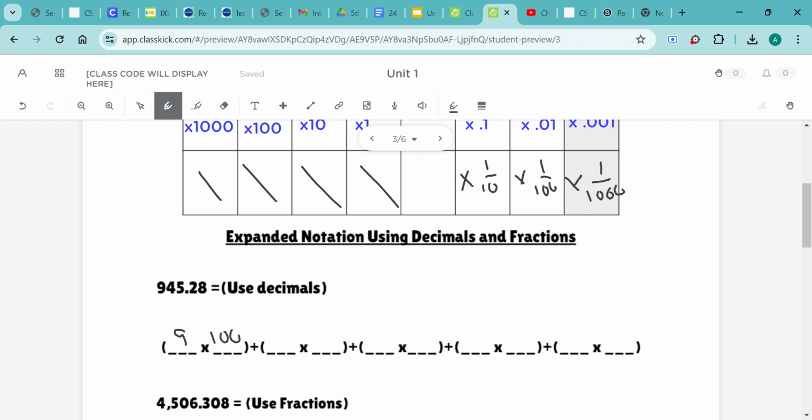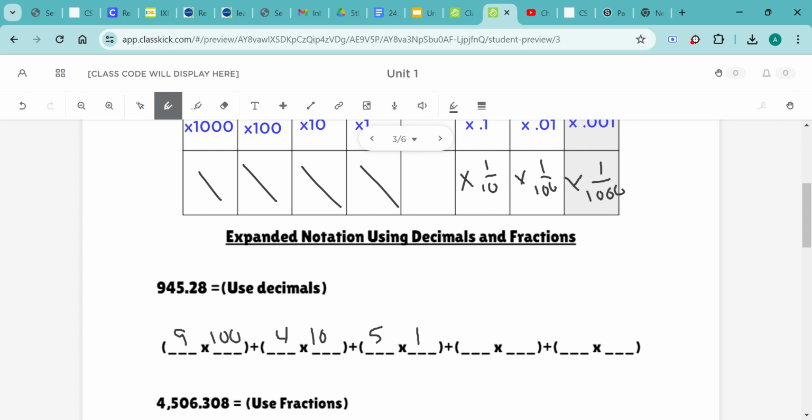It's in the hundreds, so 9 times 100, which would give me 900. That digit, 9, represents 900 because it's in the hundreds place value. The 4 is in the tens place value, so I'm going to write the 4 times 10. The 5 is in the ones place value, so I'm going to write the digit 5 and multiply it times the place value it's in, which is the ones.